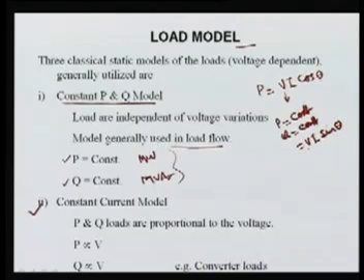In this constant current model, the voltage is varying but your current is constant, so P is proportional to voltage. Similarly your Q is also proportional to voltage. So the P and Q loads are proportional to voltage, and this type of load is normally the converter loads, where different types of converters are used.